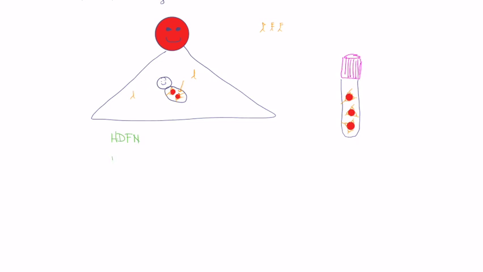So we'll just write hemolytic anemia. We can have an autoimmune hemolytic anemia occurring. And these can all cause positive DATs.